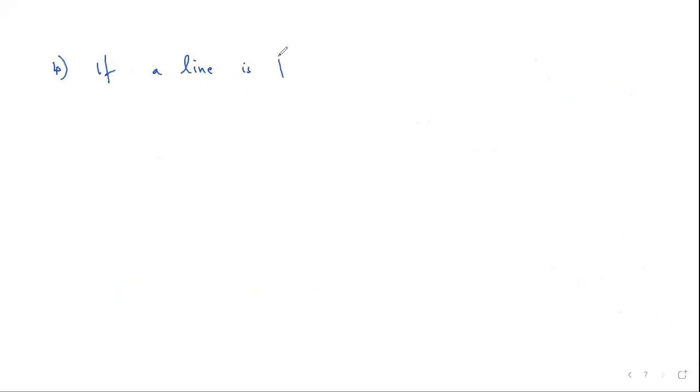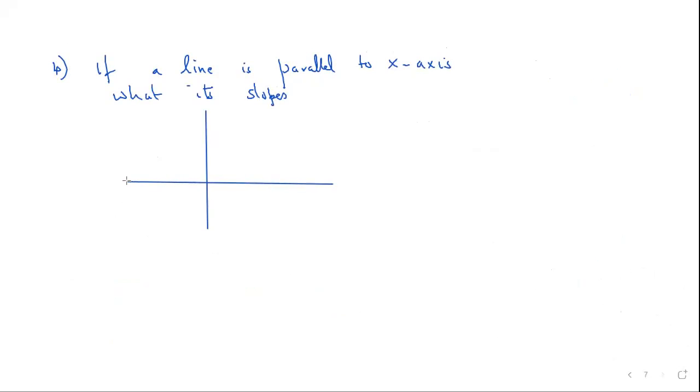If a line is parallel to x-axis, what is its slope? What will be the slope of a line if it is parallel to x-axis? So imagine a diagram. You have to visualize every time when I ask you a question in coordinate geometry, you should see it.